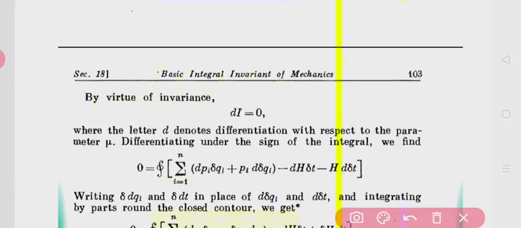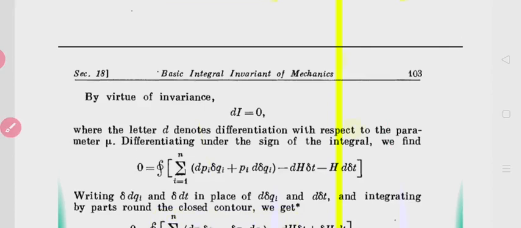You have to observe here, this d and delta are differentiations actually. d is the differentiation with respect to mu, and this delta is the differentiation with respect to alpha. So there are two differentiations over here, with respect to two independent variables. So you can say that whether you write d delta or delta d, that will be the same.